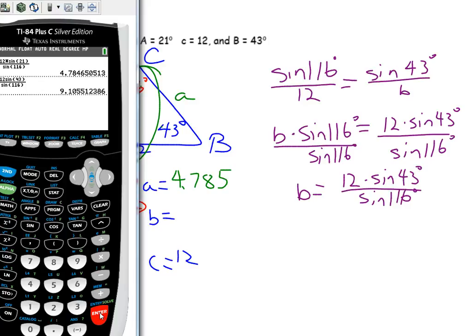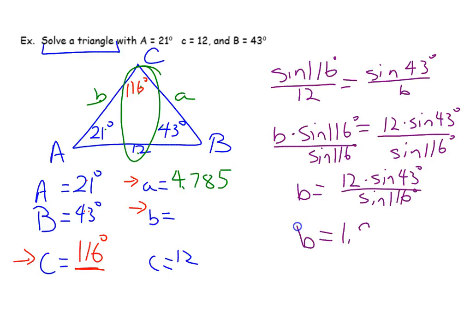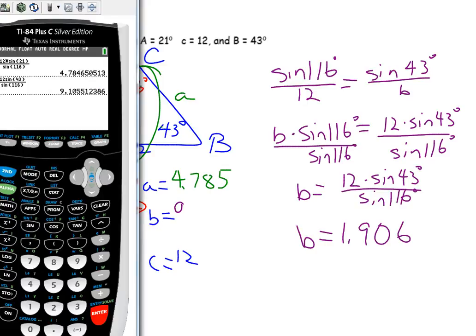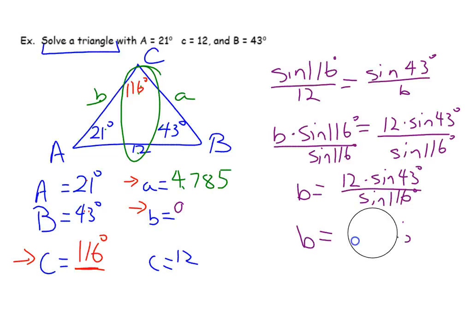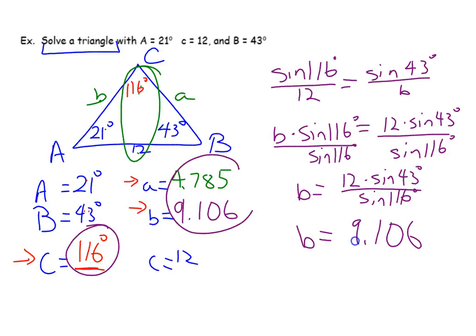So b equals 9.106. Sorry, I wrote it down wrong. That's 9.1, not 1.9. 9.106, all right? And now I've found all missing parts. I've found this angle C and these two missing sides using the law of sines.